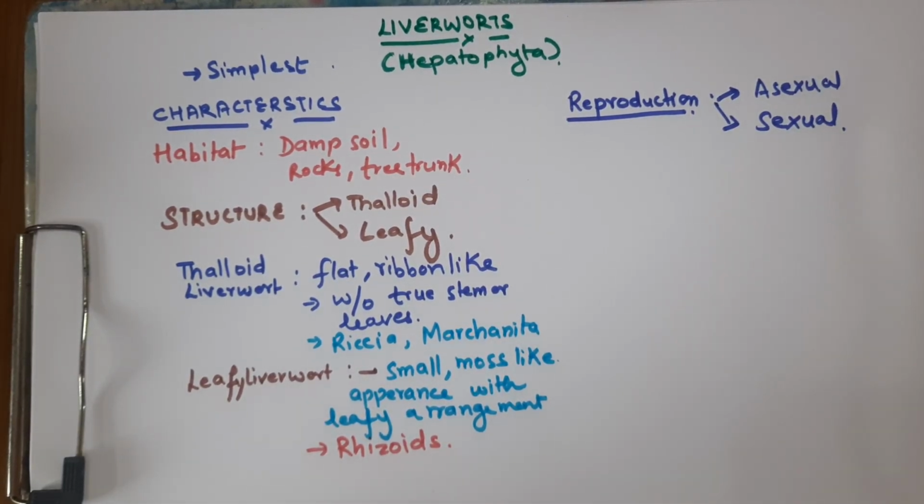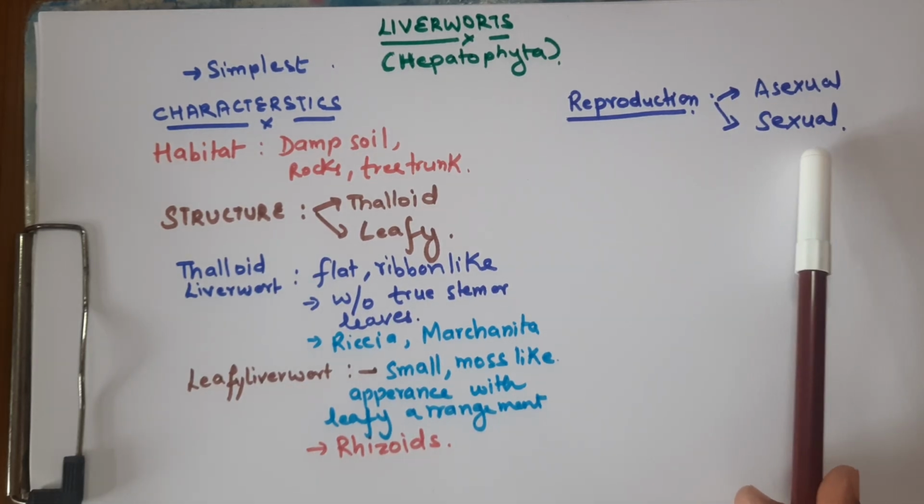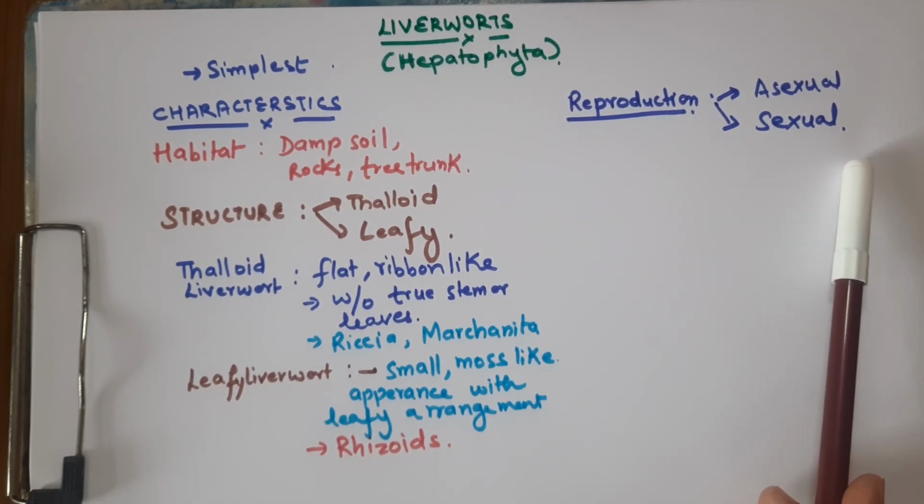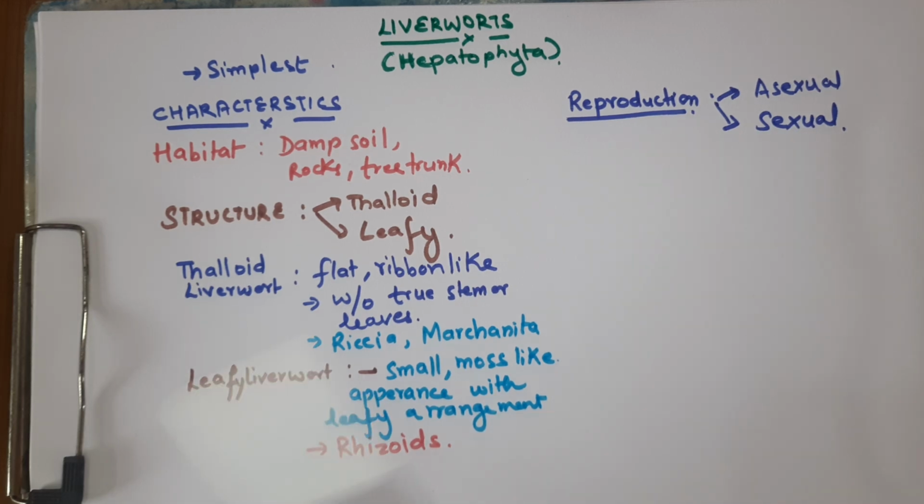Asexual reproduction is through fragmentation or gemma formation, and this occurs in a specialized structure called the gemma cup. An example is Marchantia. In sexual reproduction, the male gametes, known as antherozoids, are produced in the antheridia, and the female gametes are produced in the archegonia. Fertilization requires water, and the zygote develops into a dependent sporophyte.